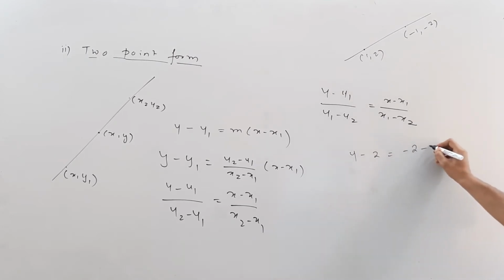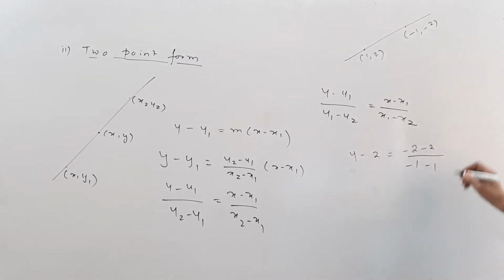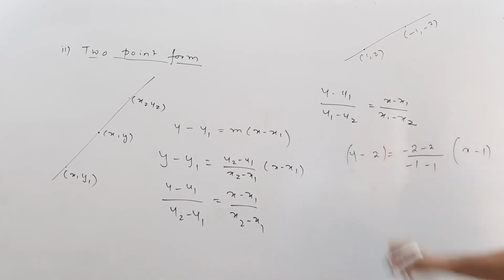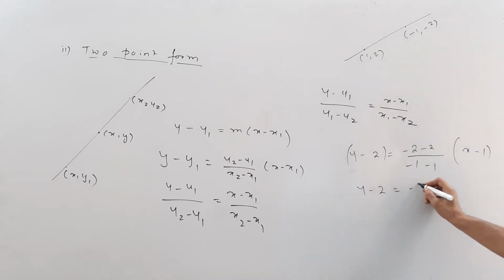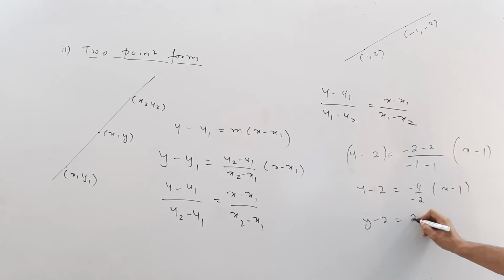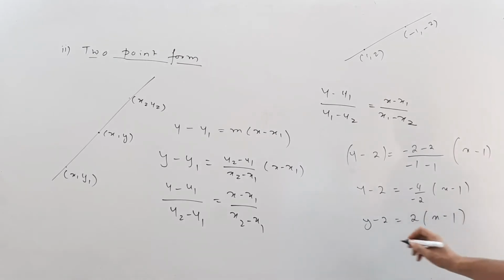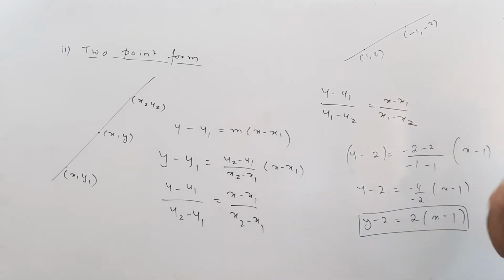That's going to be minus 2 divided by minus 1 into x minus 1. This is what we get. So y minus 2 is equal to 2 into x minus 1. So this is the answer to this question. This is the equation of this line.